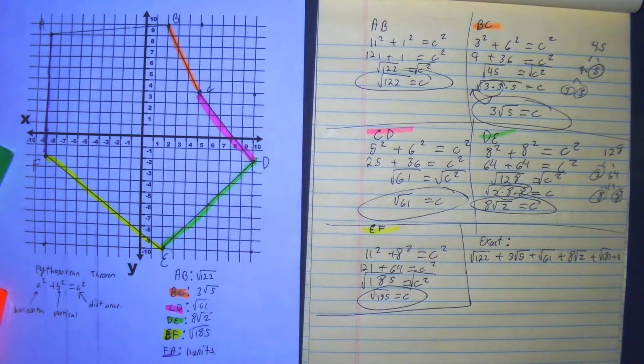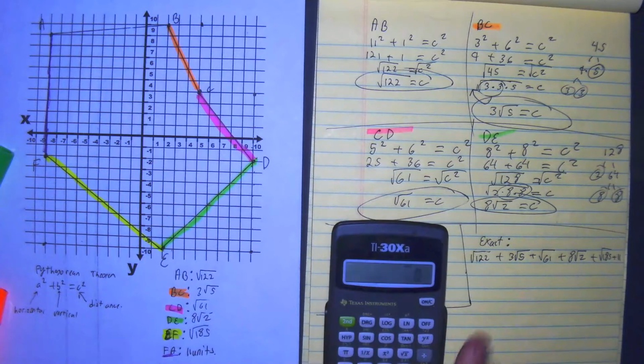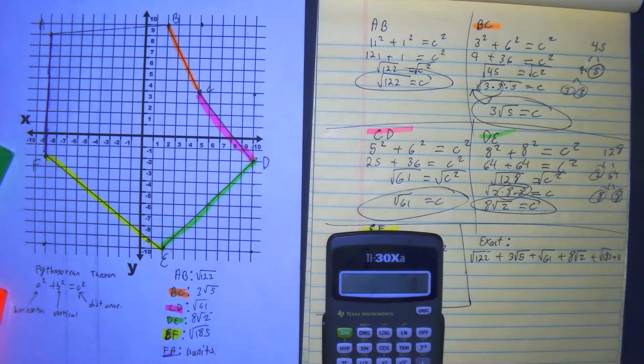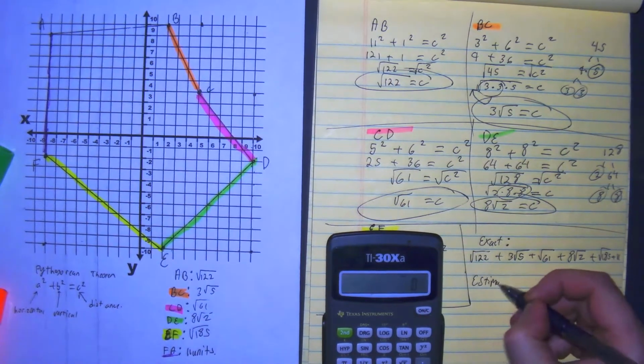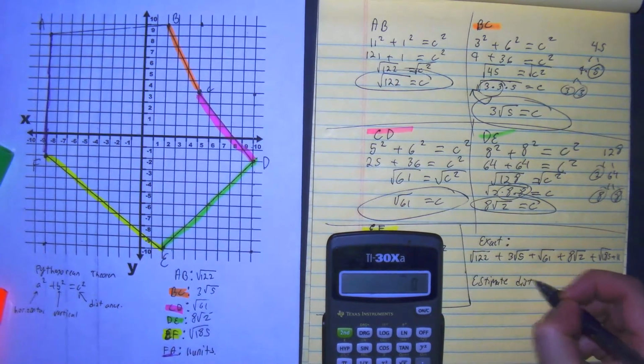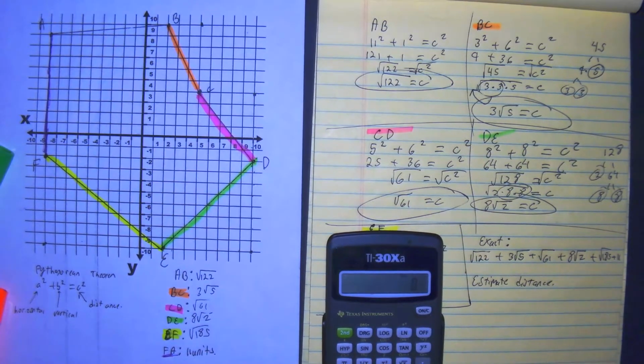It's a good idea to always have an exact answer because you don't want to round until the very end. So to finish this off, we're going to use our calculator. Let's get an estimate distance. It's not really an estimate, but we're going to the hundredth place, so we'll call it an estimate since we do have radicals.